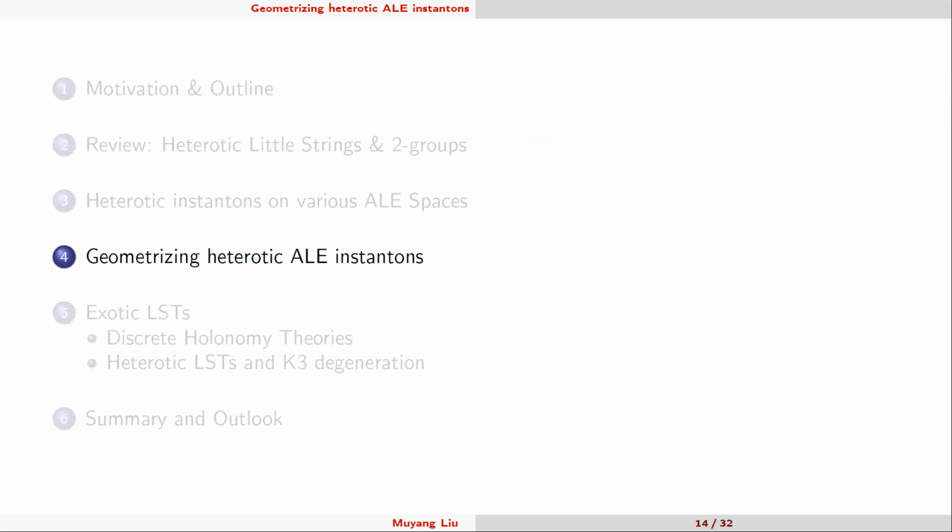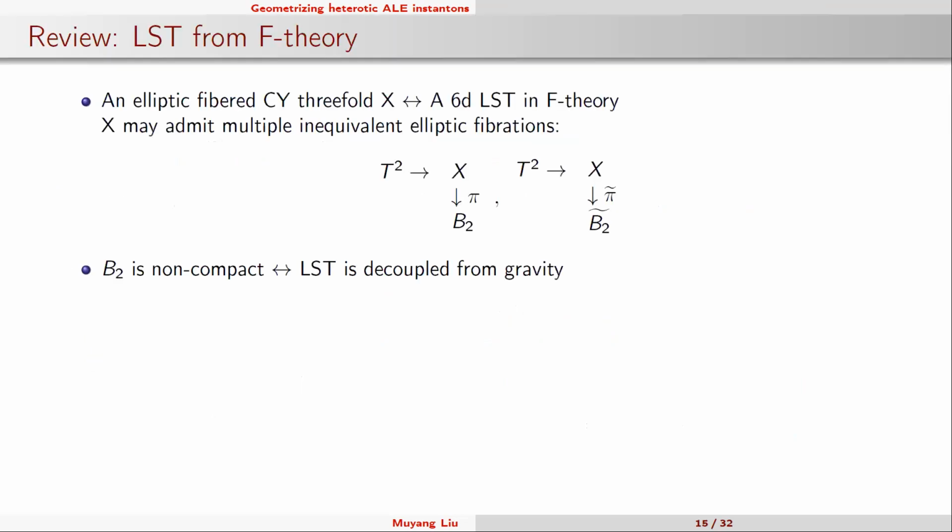And in the second half of my talk, I will give more details about the geometric engineering of heterotic E8 instantons. So first of all, this is to show how you generalize geometric engineering the Lagrangian series from the F-series.